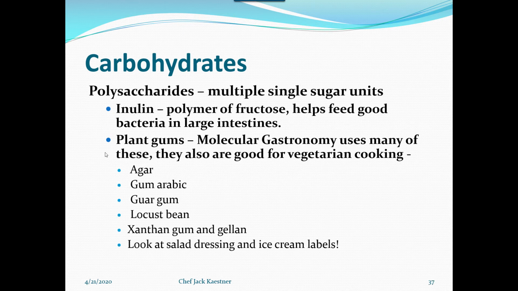And these are just other polysaccharides. Plant gums, used more in molecular gastronomy. Agar, gum arabic, guar gum, locust bean, xanthan gum. And if you look at a lot of salad dressing or ice cream labels, you'll see a lot of these guys in there to give it thickness, to keep it a stable emulsion.